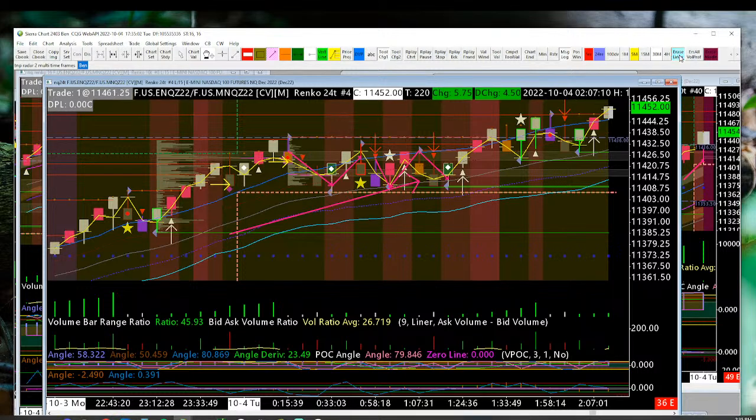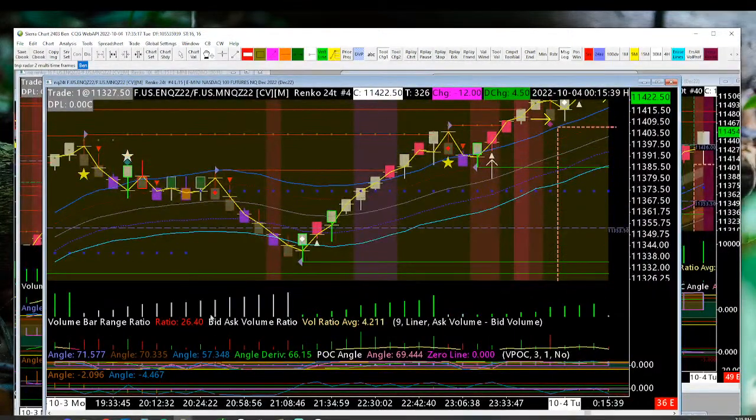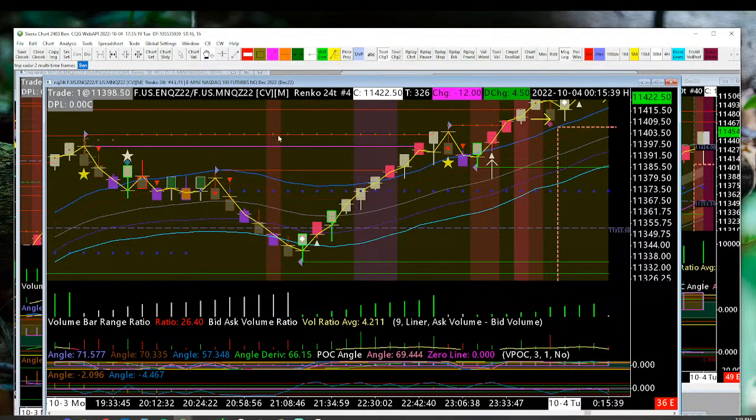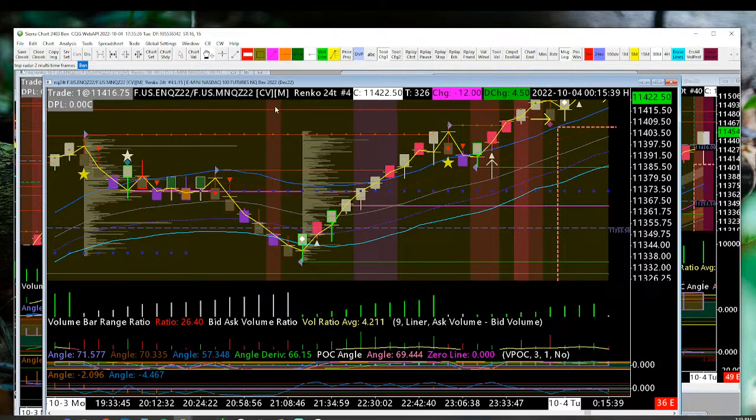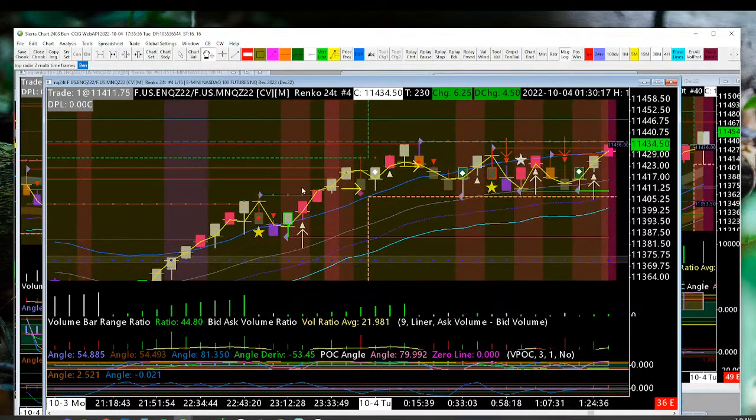Now, what if we do this in reverse? It's off the high, but what if we use one of these old lows and we say, okay, I know it's bullish. Hold on, I don't know if I did that right. That and that. So in other words, as long as we have green bars and stars above this one, it should be good.